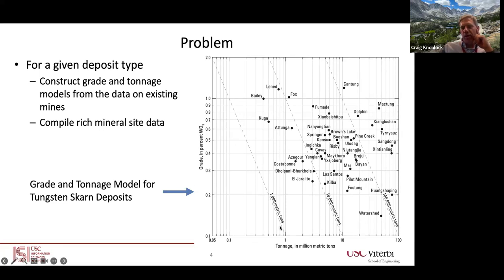On the x-axis is the tonnage in millions of metric tons. The y-axis is the grade percent, and this is for a particular mineral, in this case tungsten skarn, that they're interested in. And on the chart itself, each of the labeled points corresponds to a mine that currently or previously extracted this particular mineral.